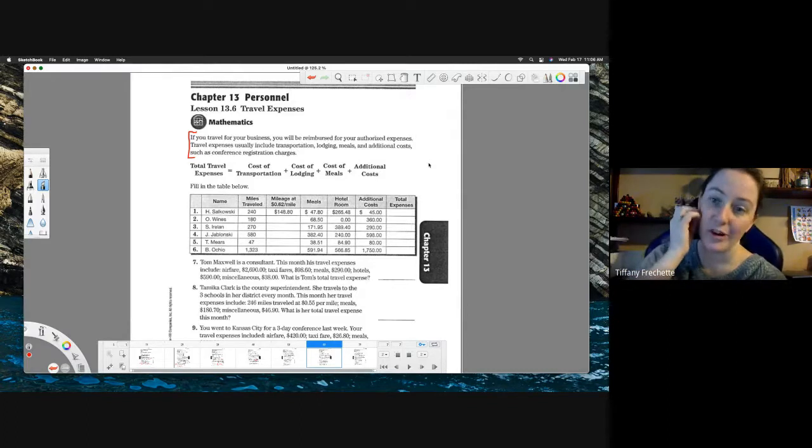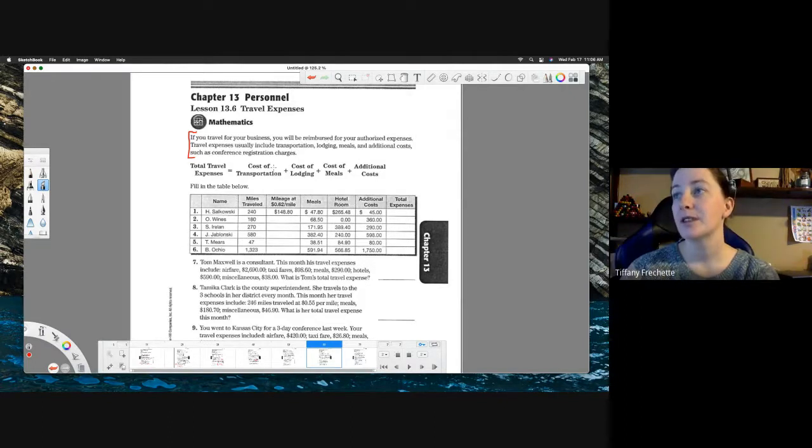So that was just one example of additional costs. So your total travel expenses equals the cost of transportation plus your cost of lodging plus your cost of meals plus any additional costs that you come up with that are authorized. So they have to qualify for this reimbursement.